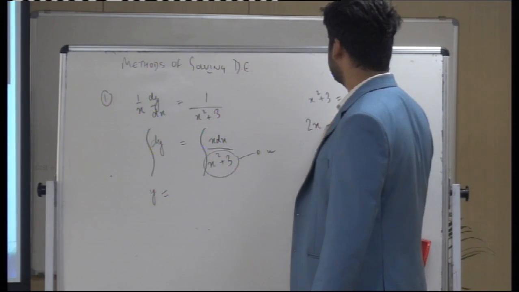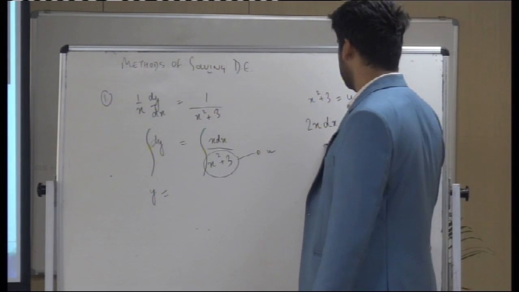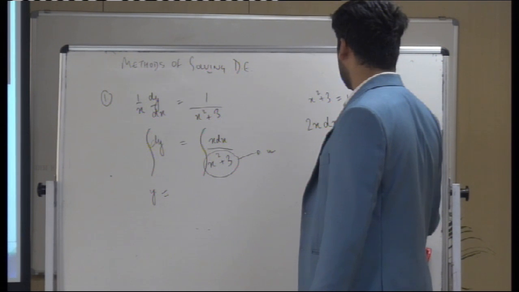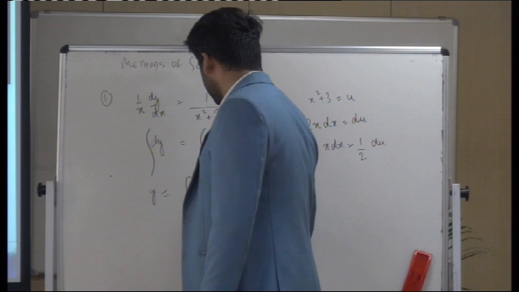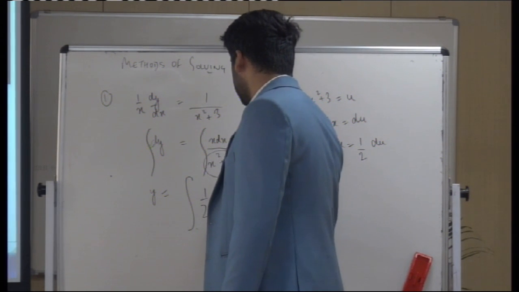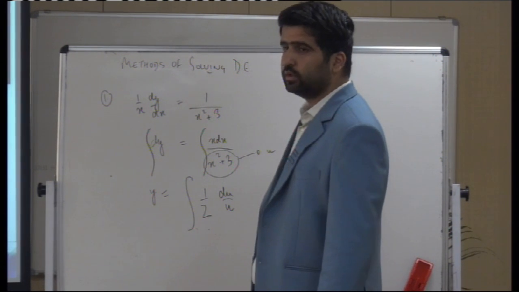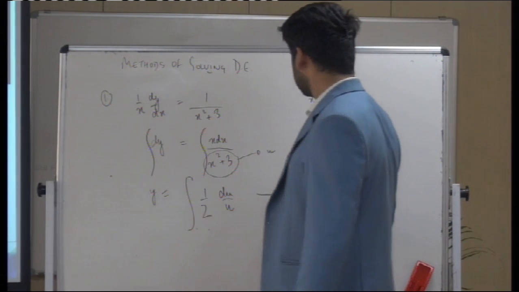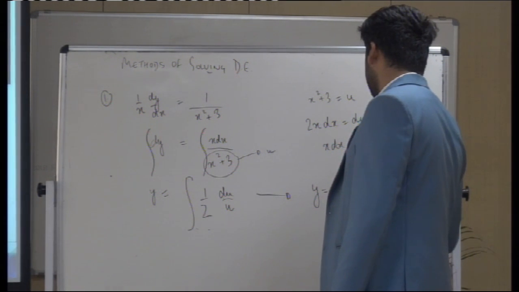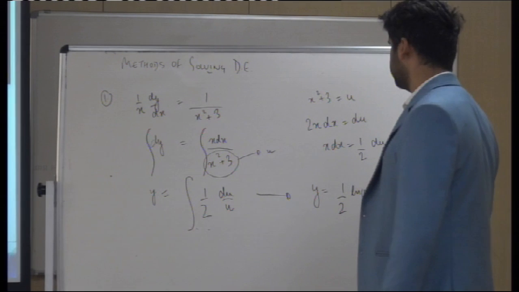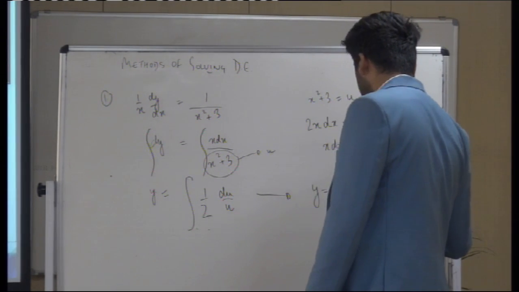So 2x dx is equal to du. Right? So x dx is equal to half du. Okay. So we get integration of half du upon u. So integration of this is half ln u. So y is equal to half ln u. Right? We also have a constant over here, plus c.